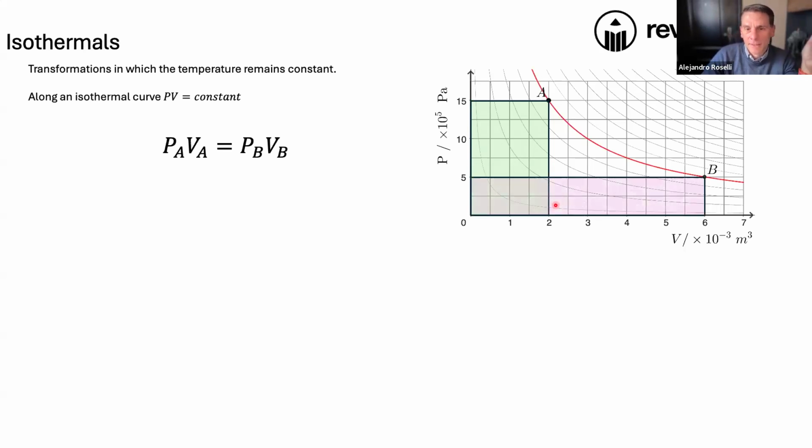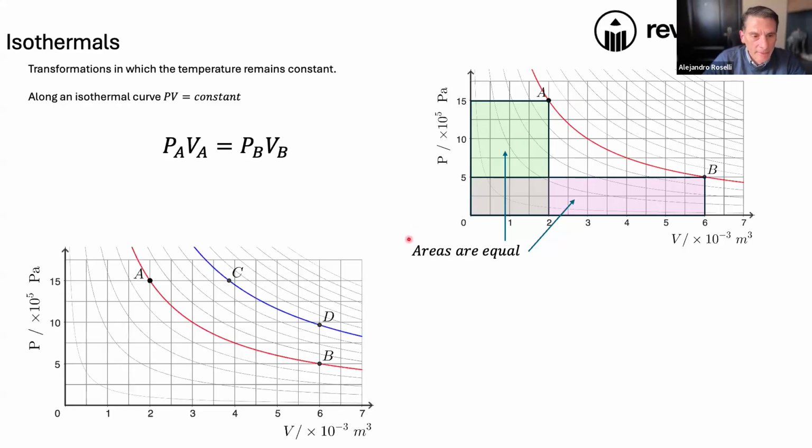Here, the areas associated with those rectangles that have one of their vertices on the graph are of course equal. For A, you have 2 and 15, which is 30, and for B you have 6 and 5, which is also 30. Those two rectangles will always have equal areas.